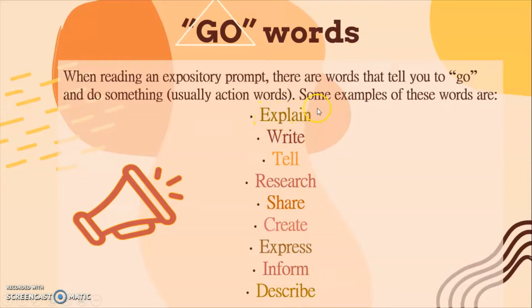I can be explaining, I can be writing, I can be telling somebody something, I am researching, I am sharing, I am creating, I am expressing, I am informing, I can be describing, and that's what we did last week. Last week we described something, and it was somebody we knew and their special talent.